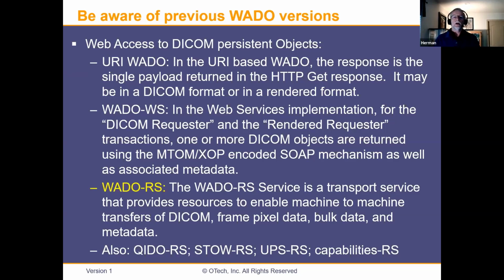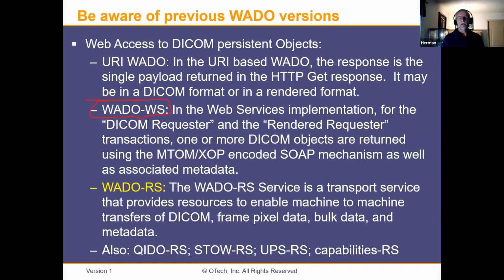XDS means cross-enterprise document sharing, and for imaging as well. And so there was the first occurrence of a WADO, but that was using SOAP-based encoding, so web services, WADO-WS. That version is deprecated. That means it's retired from the standard. But if you have a WADO implementation of a few years back, you might still support that.